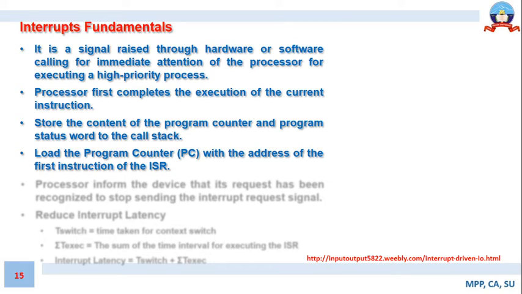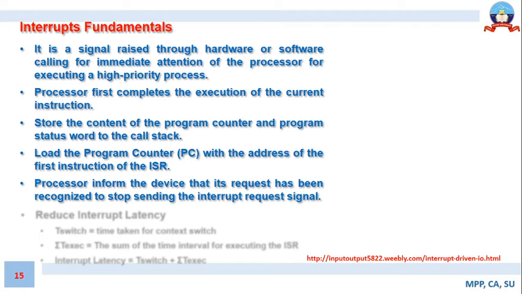So the processor loads the program counter with the address of the first instruction of the ISR. Then the processor informs the device that its request has been recognized and the device has to stop disturbing the central processing unit with requests for executing the ISR.